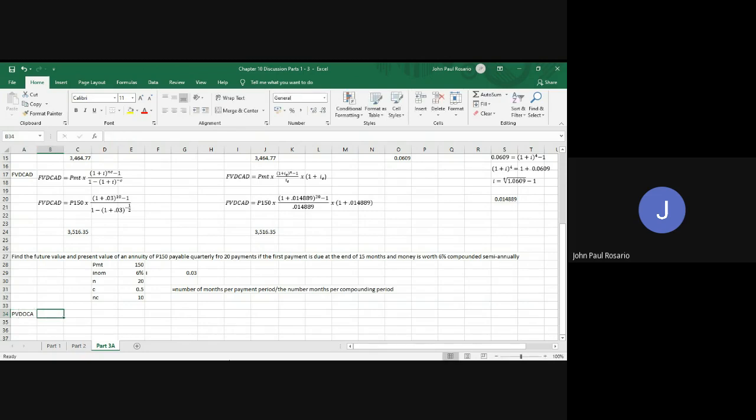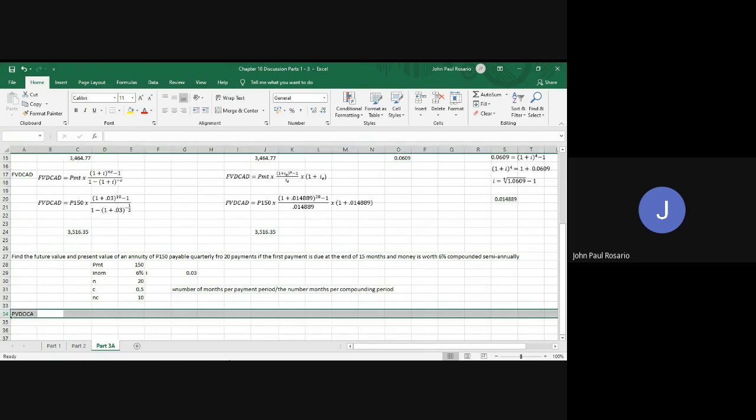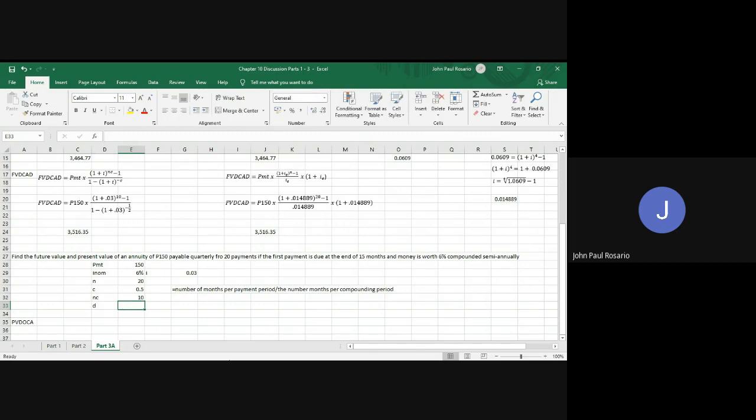Okay, let's start with this first. By the way, I hope that you haven't forgotten yet how you solve for D. For ordinary annuity, our D would be the period of deferment, which is 15 months, and then we divide that by, let me see here, is it based on compounding periods, or is it based on payments?